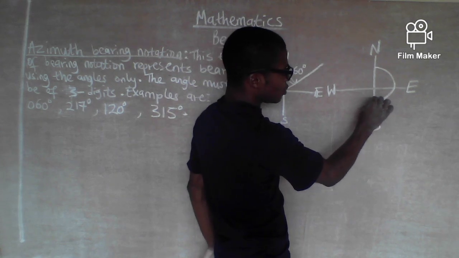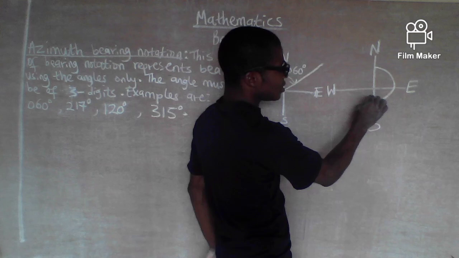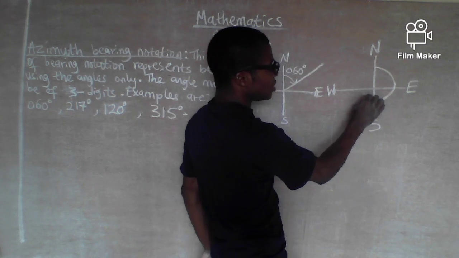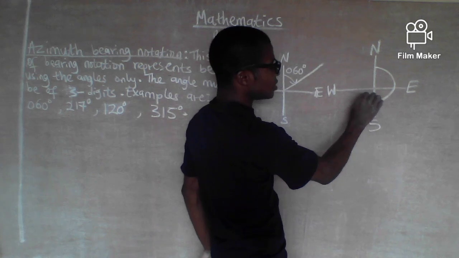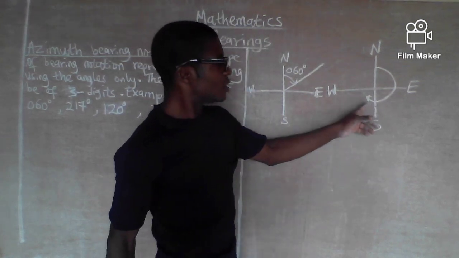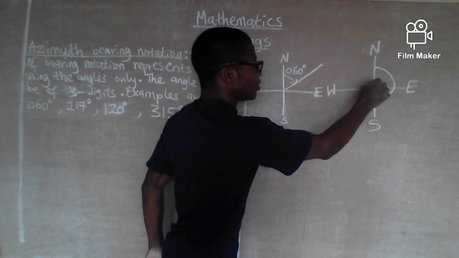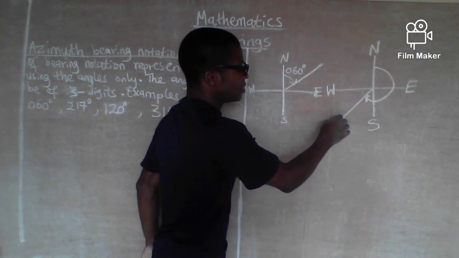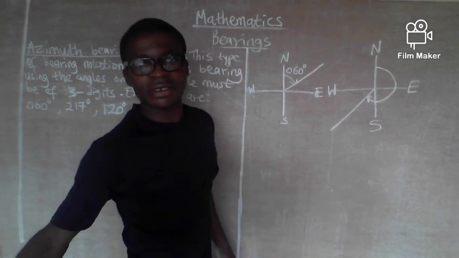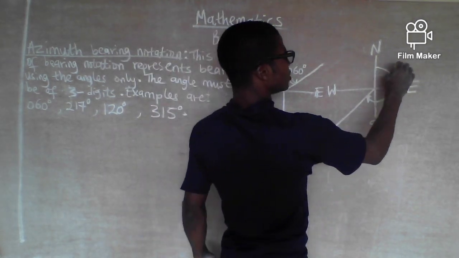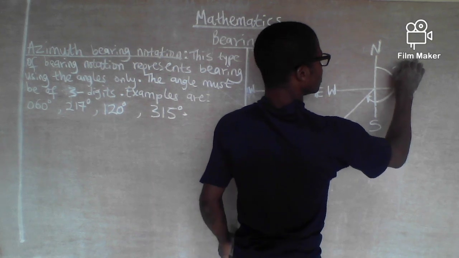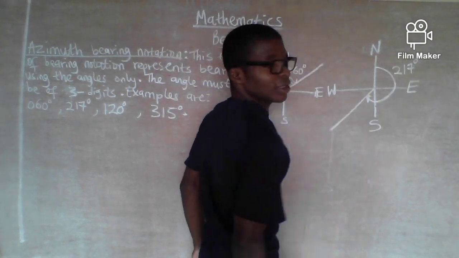From this point, I measure an extra 37 degrees to make it 217 degrees. Where the 217 degrees stops, I draw a line that represents the distance traveled or the distance to be traveled. So this is the representation of the bearing 217 degrees.